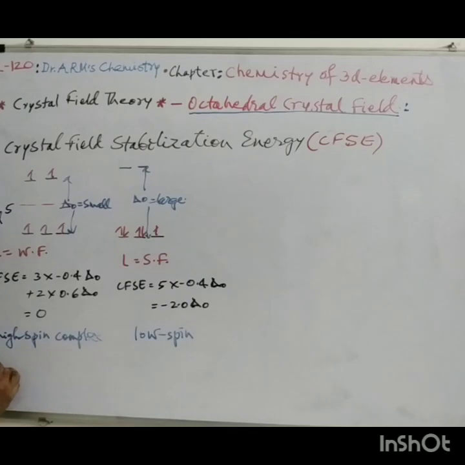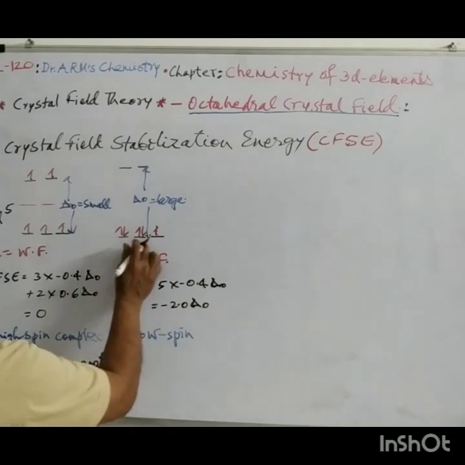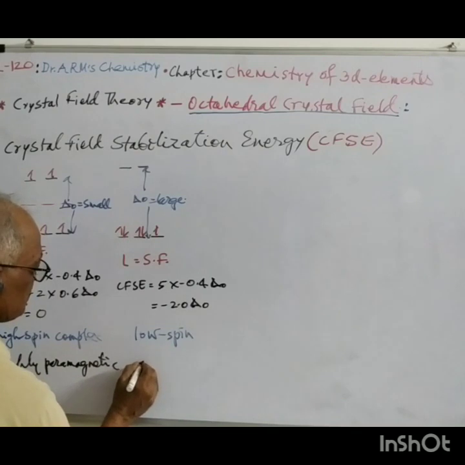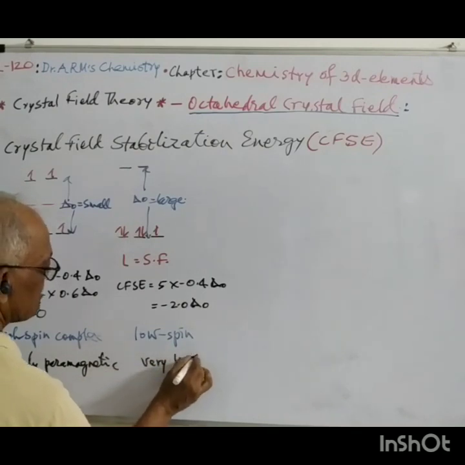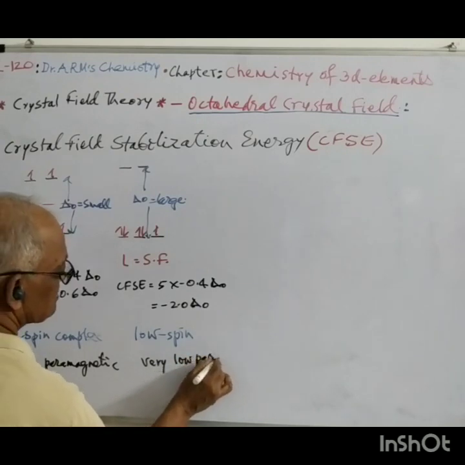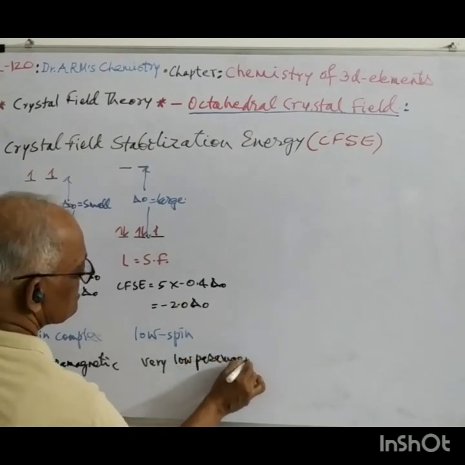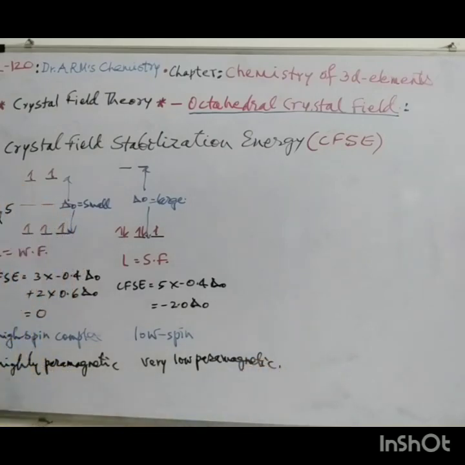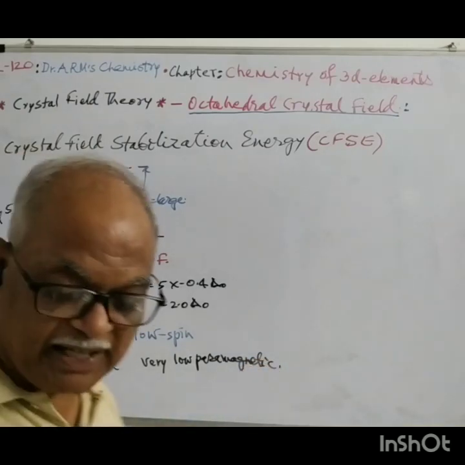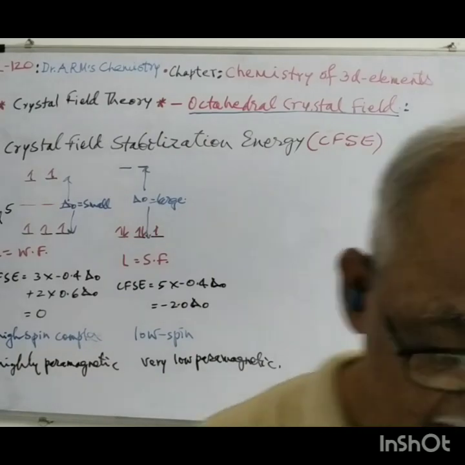So this is highly paramagnetic, and this is very low paramagnetic. So magnetic characters are also shown in this way.